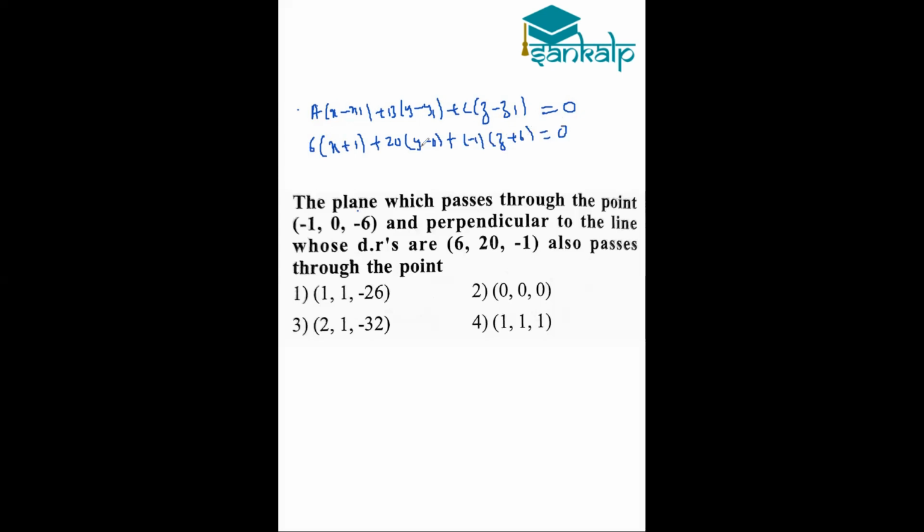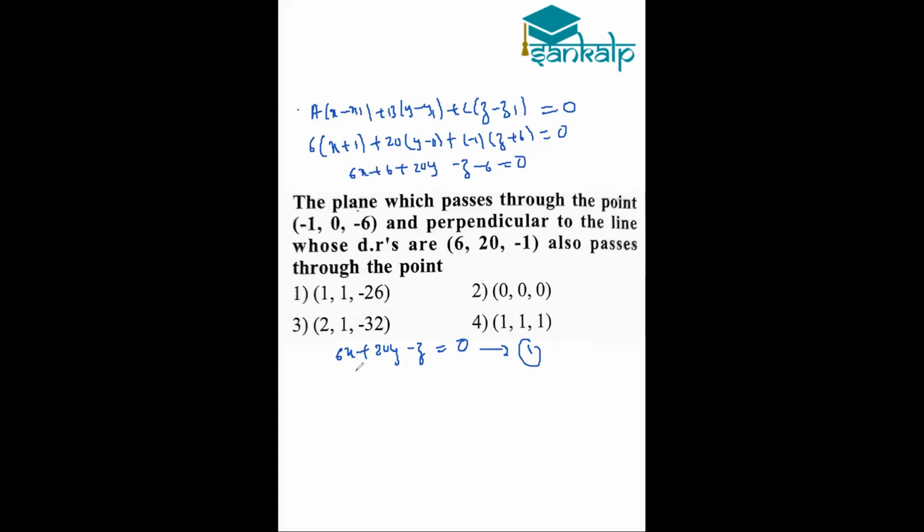On simplifying, we get 6x plus 6 plus 20y minus z minus 6 equal to 0, or 6x plus 20y minus z equal to 0. This is the equation of the plane, equation 1.